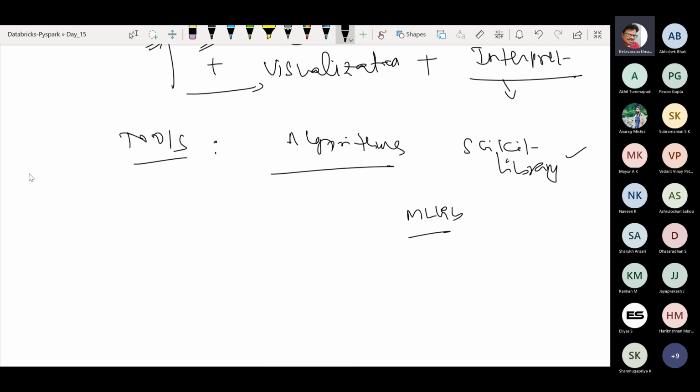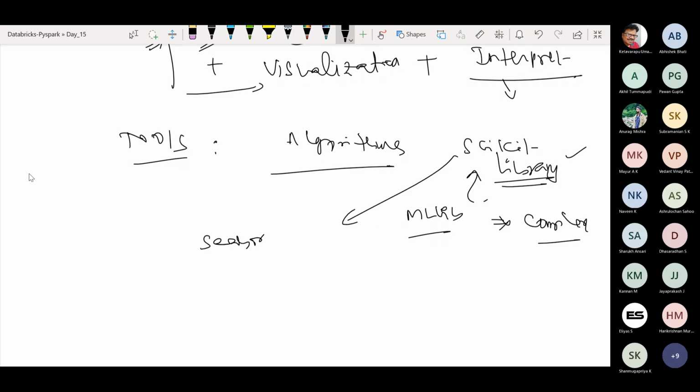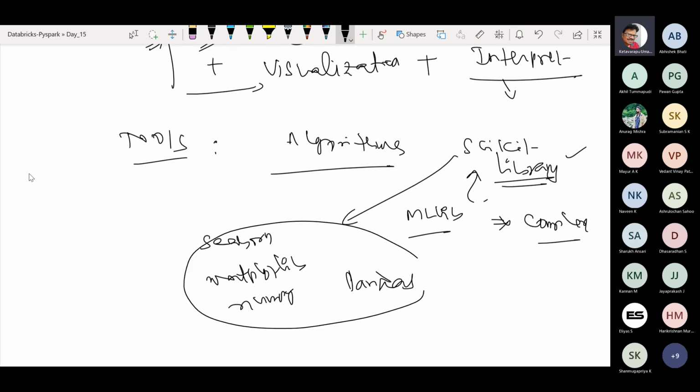MLlib is a bit more complex. Why I'm saying this is that scikit-learn comes as a package, along with seaborn, matplotlib, and then we have numpy and pandas. These are all rich as of now, guys.